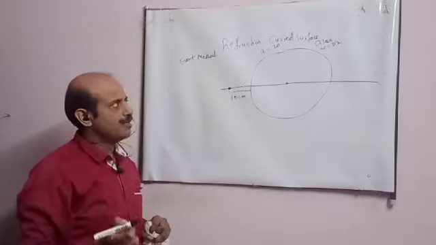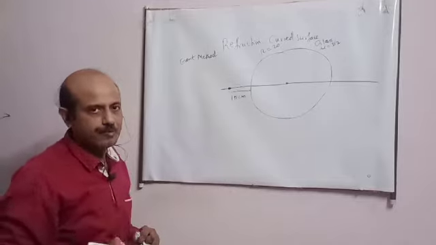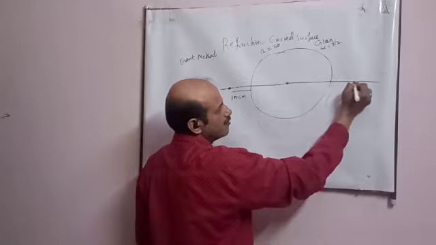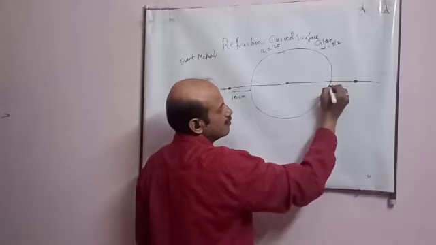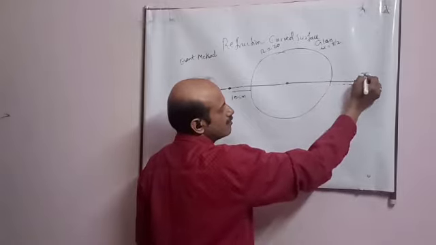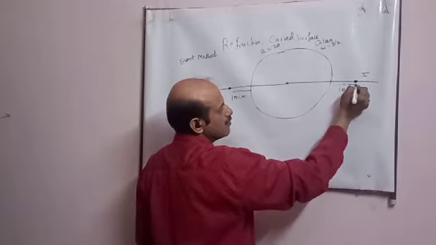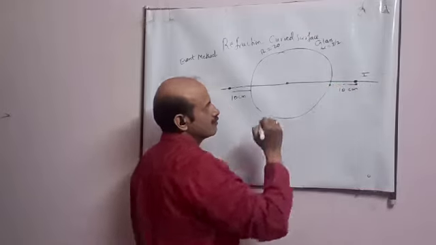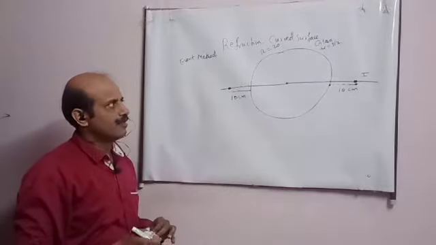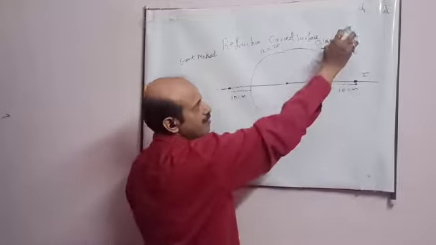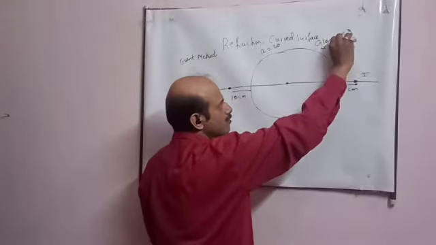Now student, I want to say one thing. Suppose in this case it is given that the final image is also at 10 centimeters from here. Suppose it is like this, and suppose the mu is not given to you.